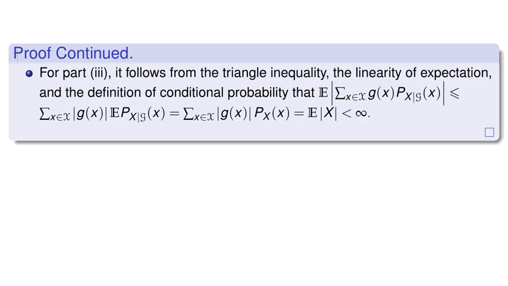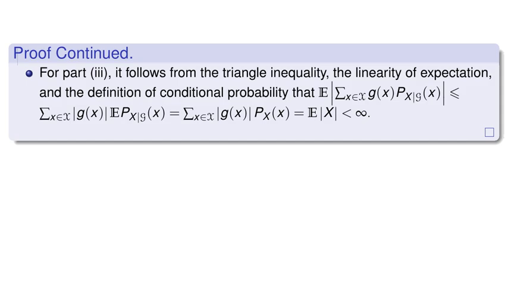Continuing the proof for part 3, integrability, using the triangle inequality, linearity of expectation and the property of conditional probability, the expectation of the absolute value of the sum over x of g of x P sub X given script G of x is less than or equal to the sum over x of absolute g of x times the expectation of P sub X given script G of x.